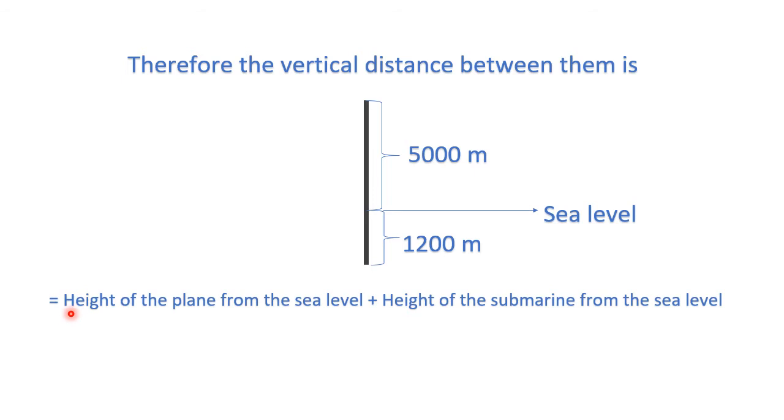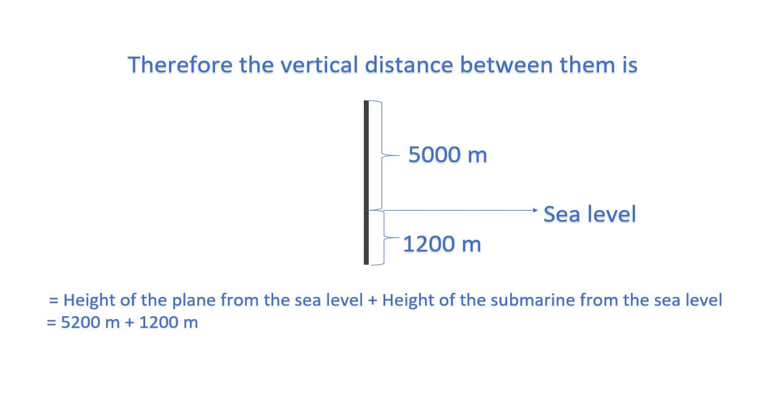So the vertical distance between them is the height of the plane from the sea level, plus the height of the submarine from the sea level. So the total height will be what? Total height will be 5,000 plus 1,200. So 5,000 meter plus 1,200 meter.